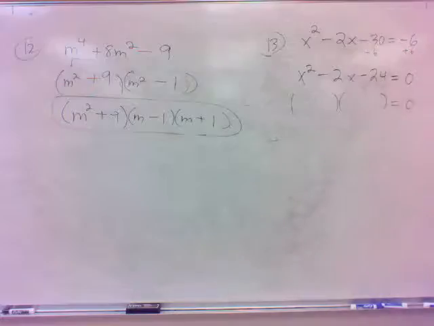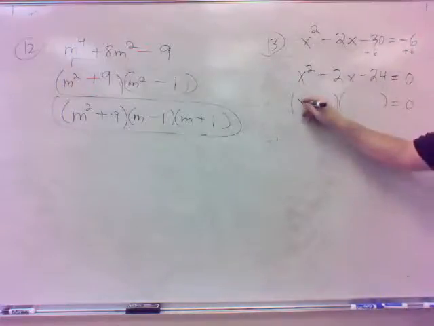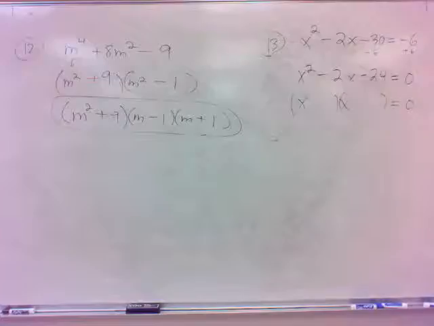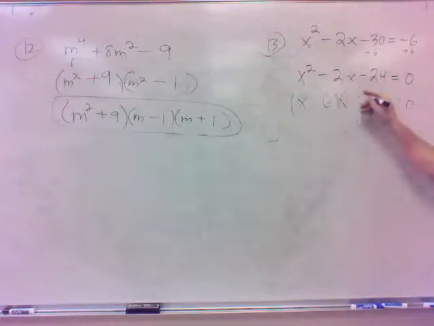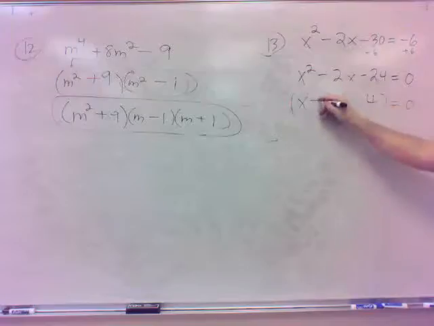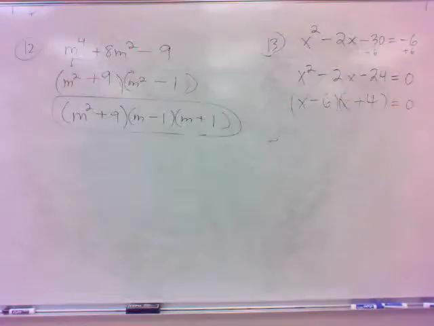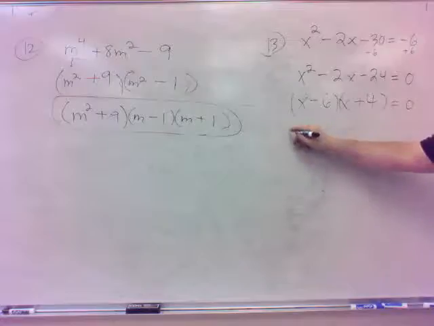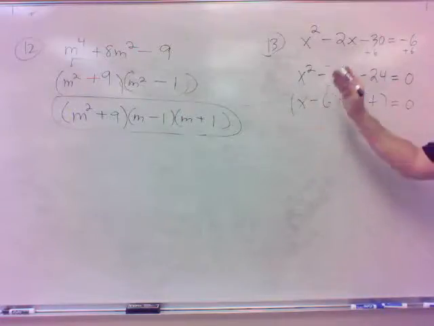And then I can factor my side here on the left, just like we've been doing, x and x. Got a minus 24, minus 2 in the middle. 6 and 4 sounds good, doesn't it? And to get a negative 2, I'd need a negative 6 and a positive 4, wouldn't I? Okay, well, when I get it factored, then I'm going to take it one more step for solving here.